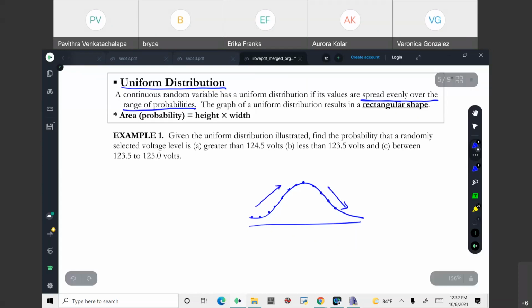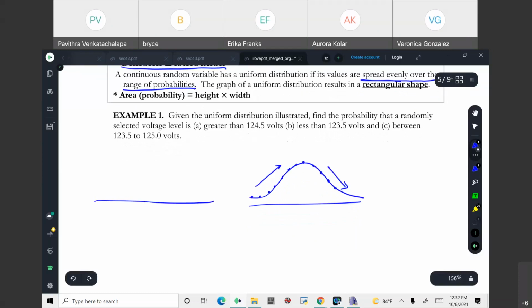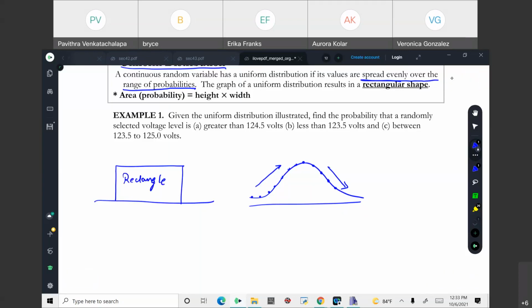But what they are saying in uniform distribution is that these data points should neither increase nor decrease, they have to be equal. It has to be a horizontal line or a vertical line. Which shape is this? Rectangle. So uniform distribution must always have a rectangle shape. Normal distribution will have a bell shape, whereas uniform distribution will have a rectangle shape.